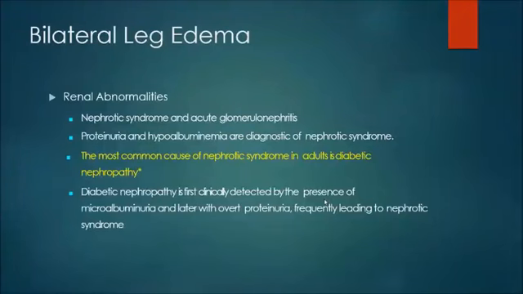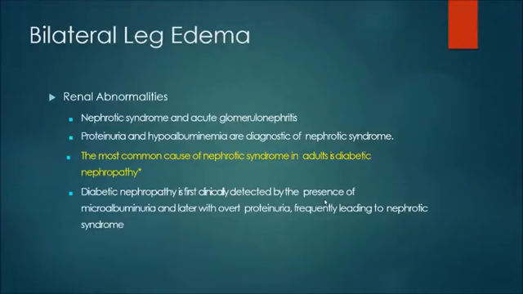Okay, so any type of kidney abnormalities can cause bilateral edema. Nephrotic syndrome and acute glomerulonephritis are two common ones that you may see that cause bilateral edema. Proteinuria and hypoalbuminemia are diagnostic of nephrotic syndrome. The most common cause of nephrotic syndrome in adults is diabetic nephropathy.